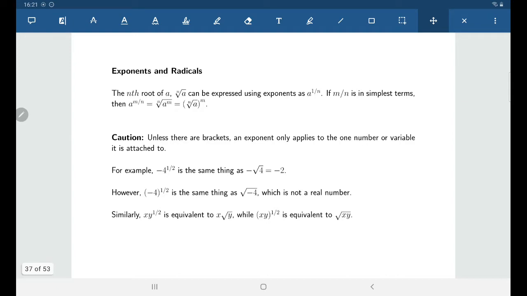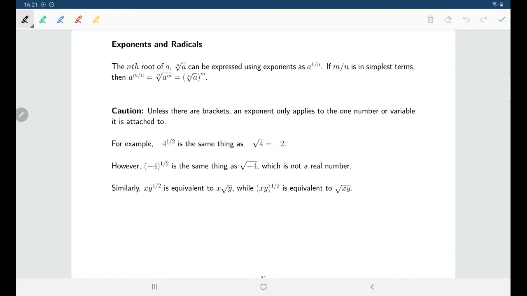Now, as far as what a rational exponent means, the connection between roots and exponents is that if you're talking about a root, that can be expressed as a fractional power. The nth root is the same thing as raising something to the power of 1 over n.